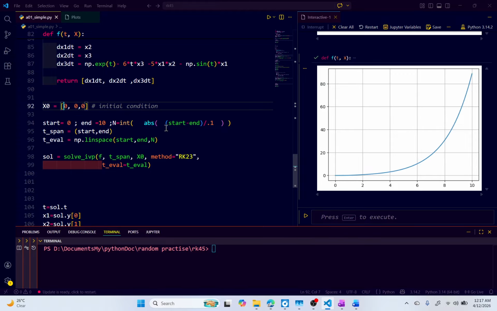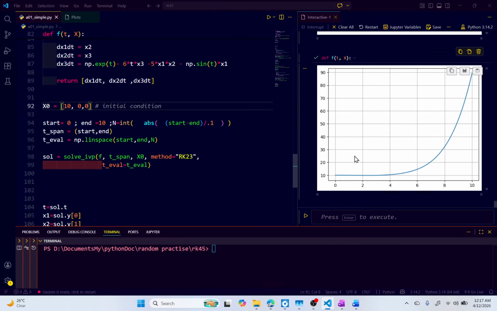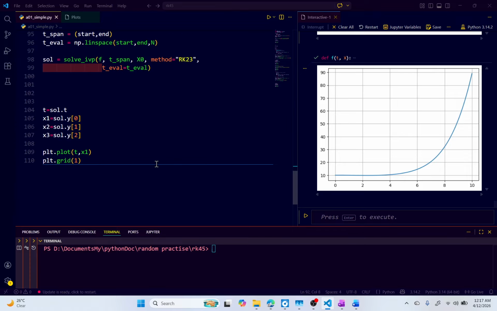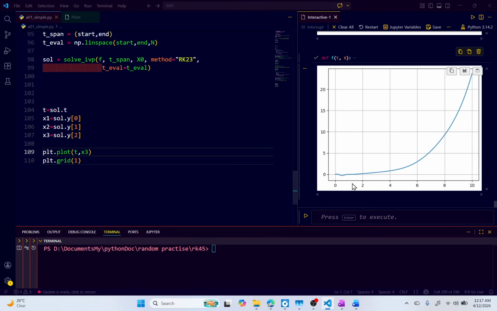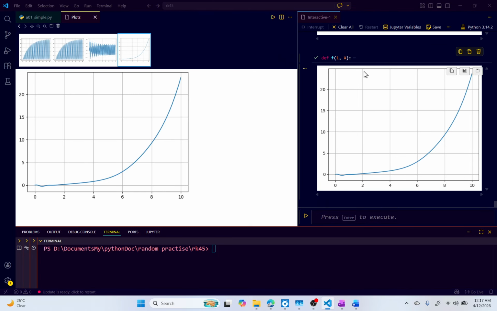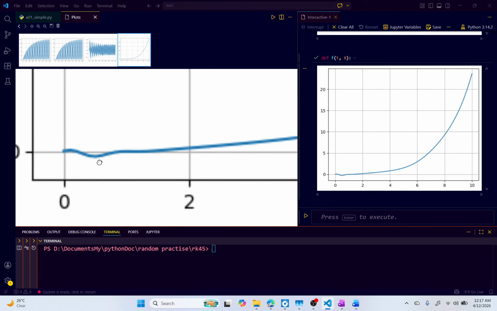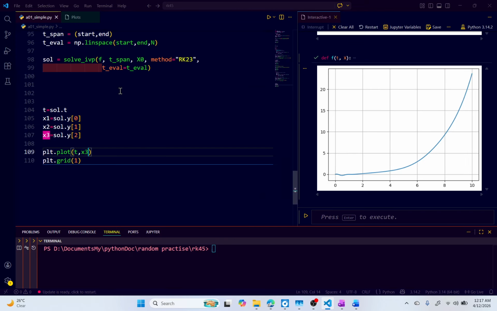If I set an initial condition, this starts from 10. And what about x2? x2 increasing. What about x3? It's also increasing, but some oscillations here. Okay, whatever. But you got the idea how to solve this thing.